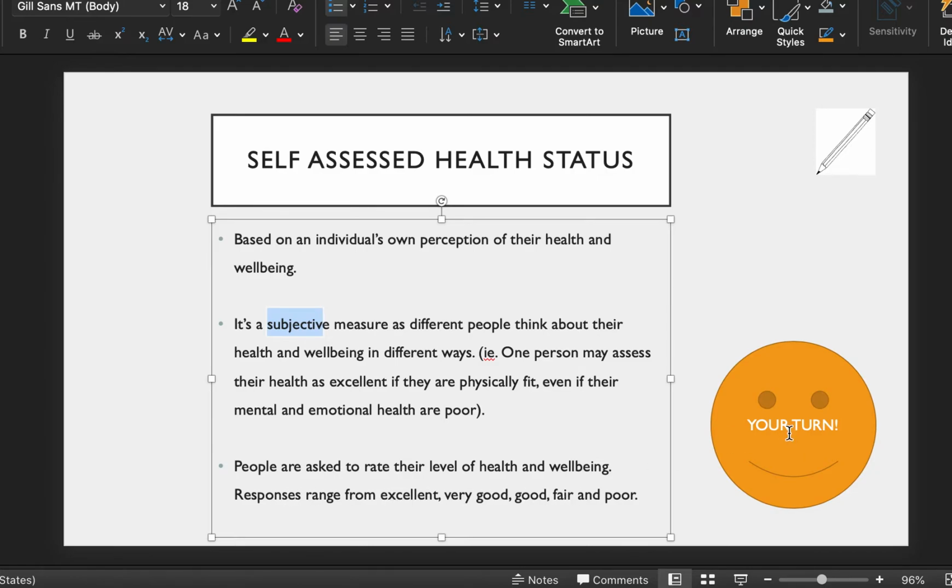Now I'd like this to be your turn. So in your notes, for each of the 5 dimensions of health and well-being, a reminder: physical, social, mental, emotional, and spiritual, I'd like you to indicate your current health and well-being. And you could go excellent, very good, fair, or poor in each of the categories.